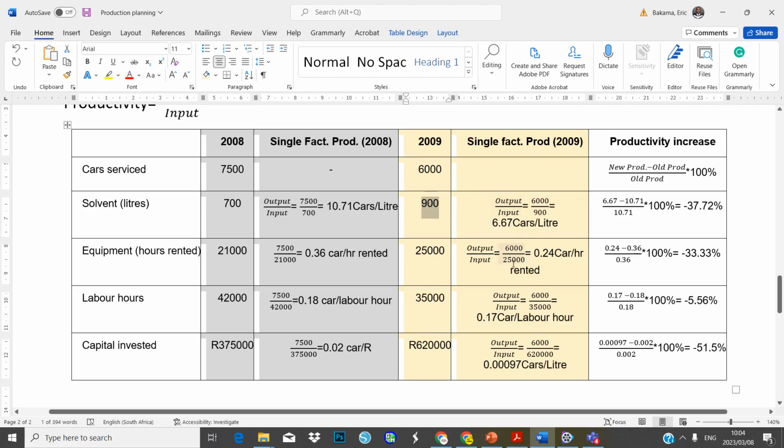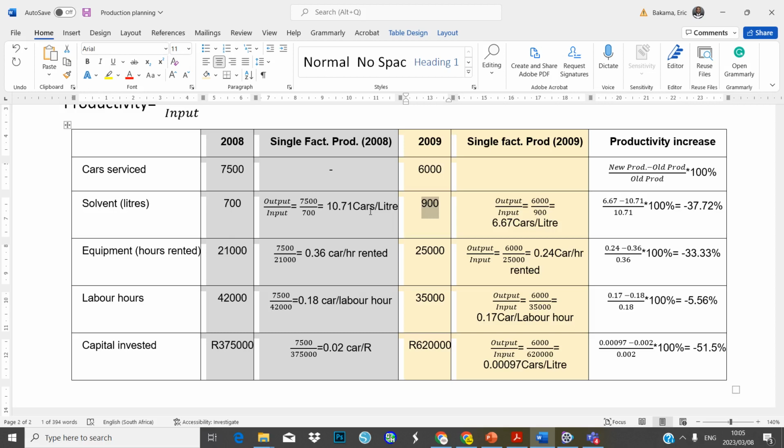But just like we said, when you give these productivity values to people in the industry, to managers, they tend not to understand this. The best thing that everyone understands is graphs and numbers, which makes it easier. When you tell someone that from 2008 to 2009 we have been able to service 10.71 cars per liter of solvent compared to 6.67 cars per liter, the person will be a little bit lost.